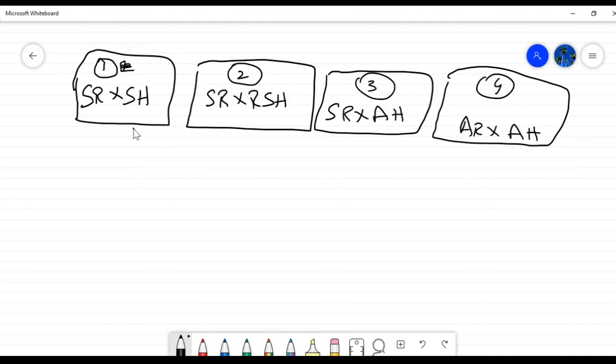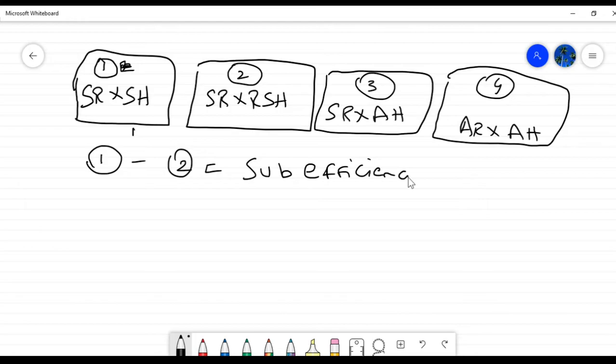So 1 minus 2 equal to what? Sub-efficiency. Whether it is applicable or not applicable?